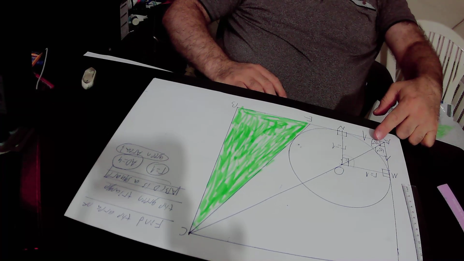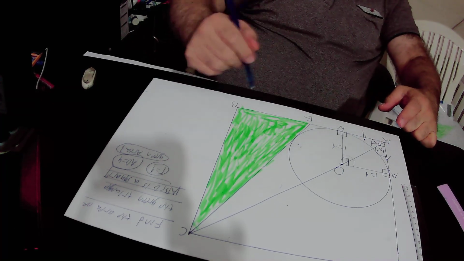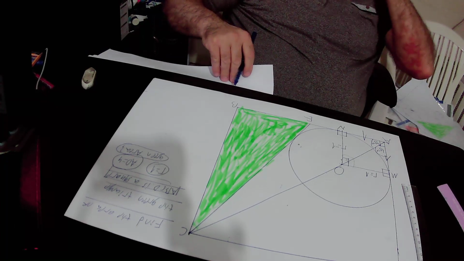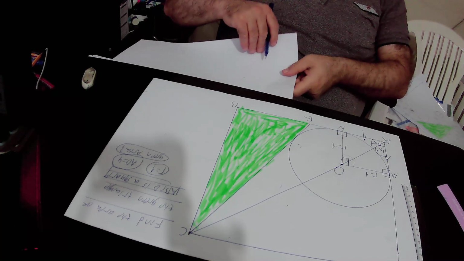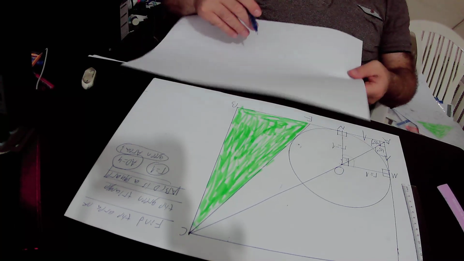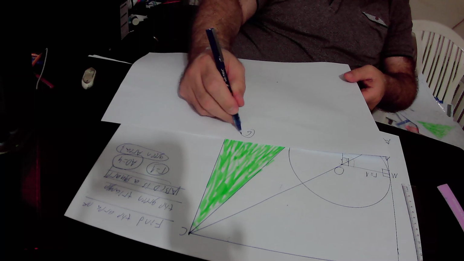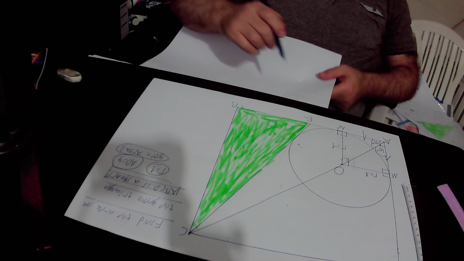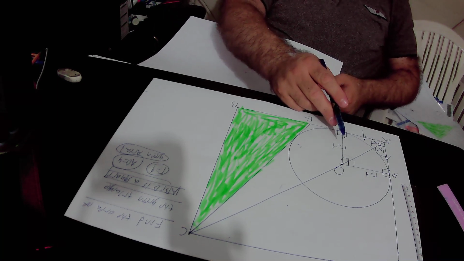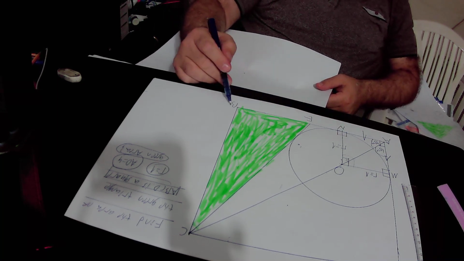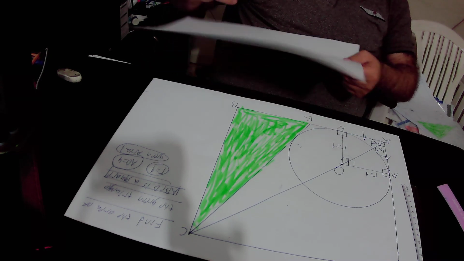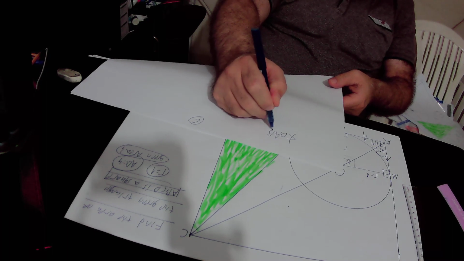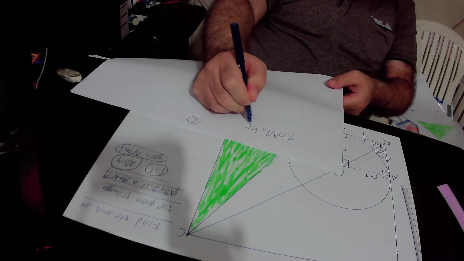This angle equals, so angle CAB equals 45 degrees. Okay? So I can write down that according to rule number 6, angle OAB, this angle OAB, equals 45 degrees.